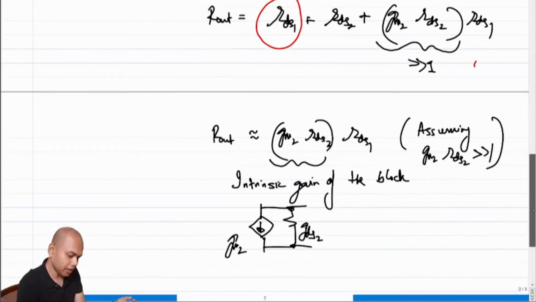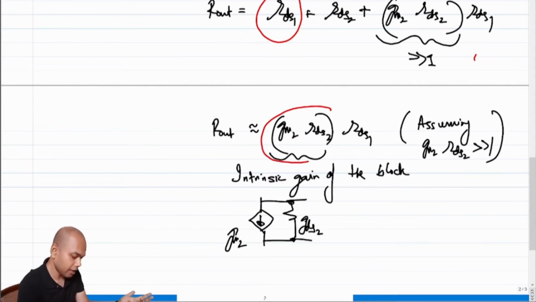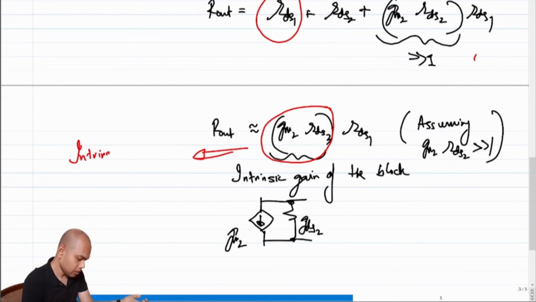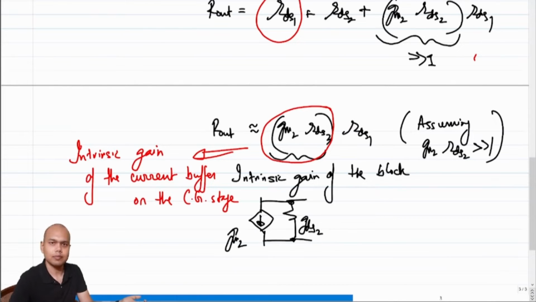In the presence of the current buffer, it seems like the output impedance has gotten amplified by the intrinsic gain of the current buffer, right? So this is the intrinsic gain of the current buffer, or the common gate stage. Correct?